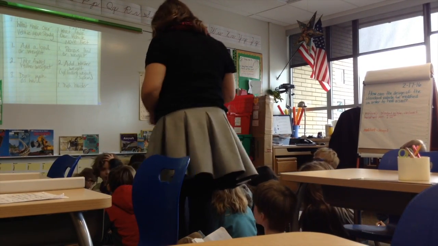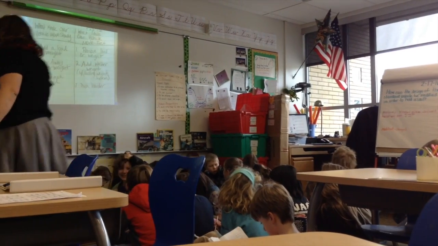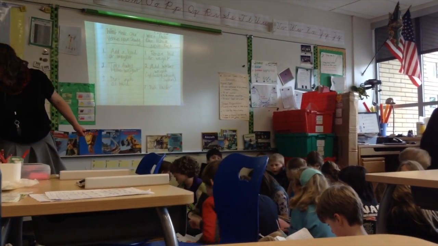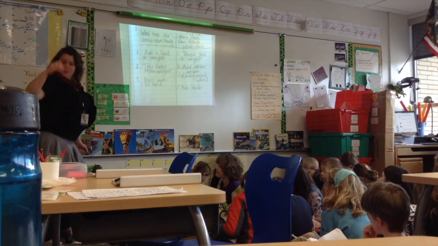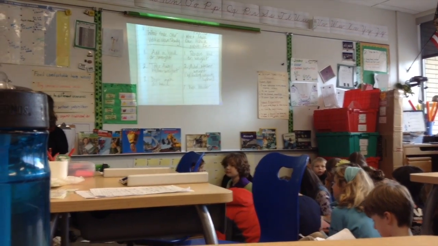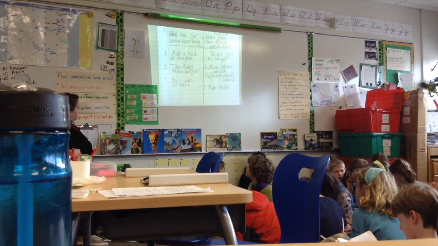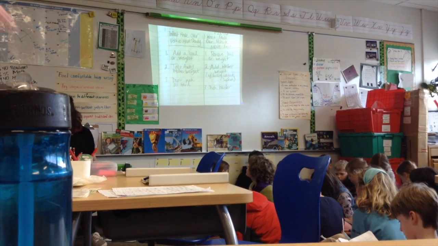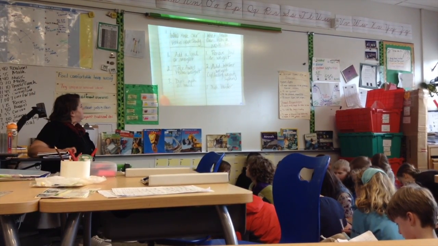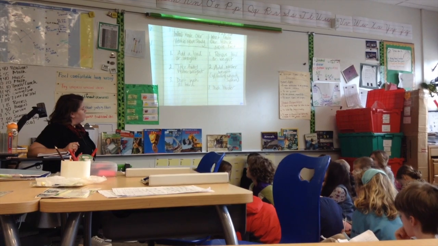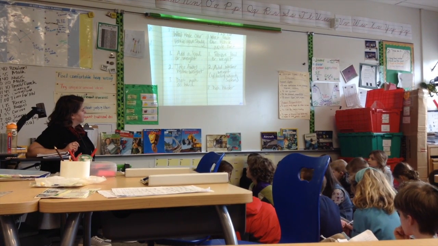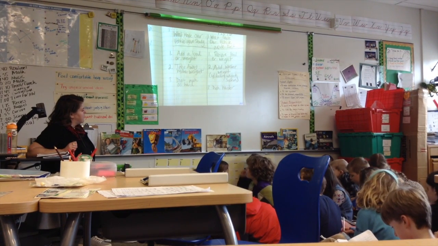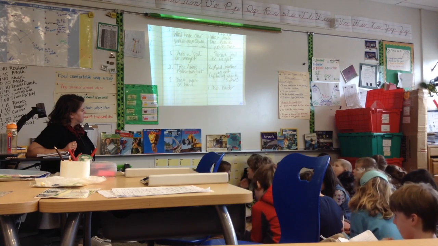Back to me in 3, 2, 1. Let's see. Cooper, what do you think? I think if you add more weight, it will go slowly. Where would you add those weights? To what part of the vehicle? The back of the vehicle.